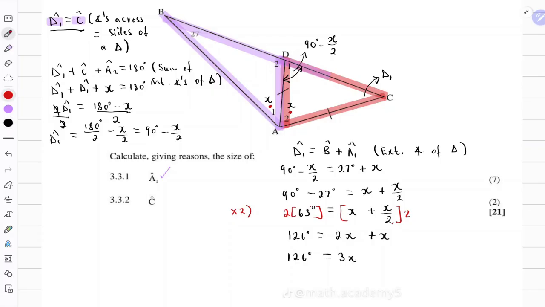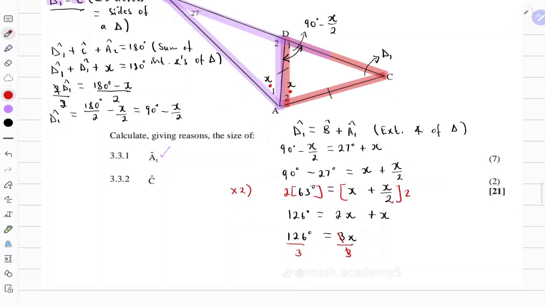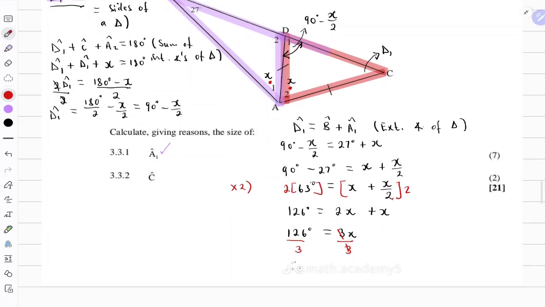So now we can divide throughout by 3. So 3 and 3 cancel, and 126 divided by 3 is 42 degrees. So therefore X should be equal to 42 degrees.